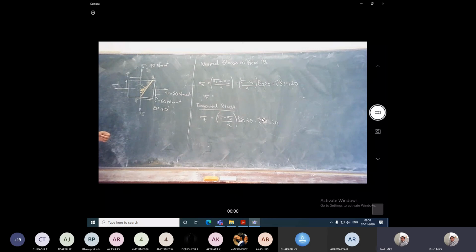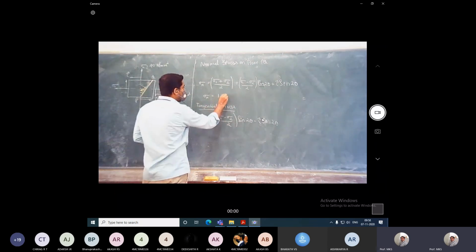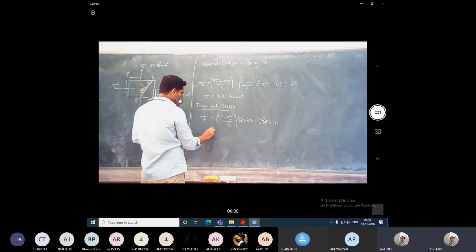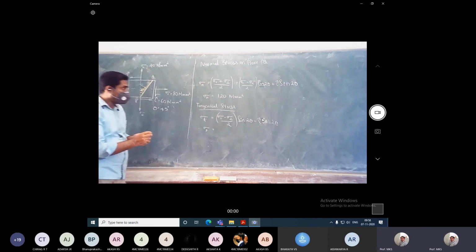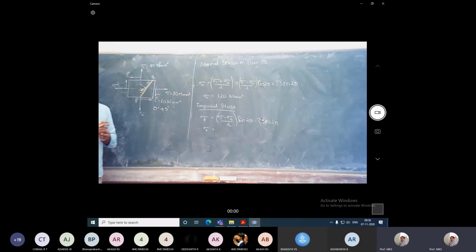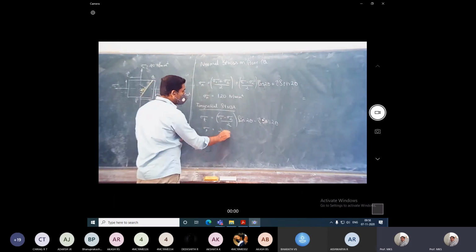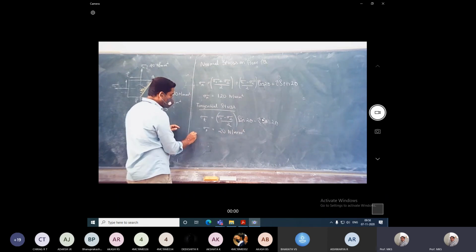Sigma n is how much? 120. You will get 120 Newton per mm square or megapascal, both are the same. Sigma t is 20 Newton per mm square.